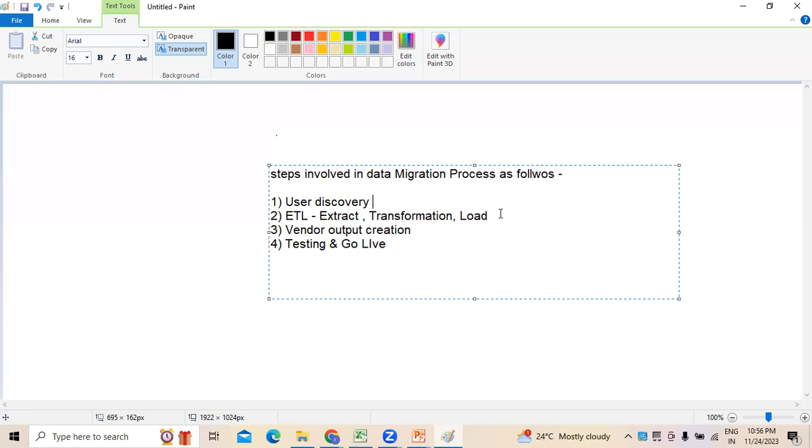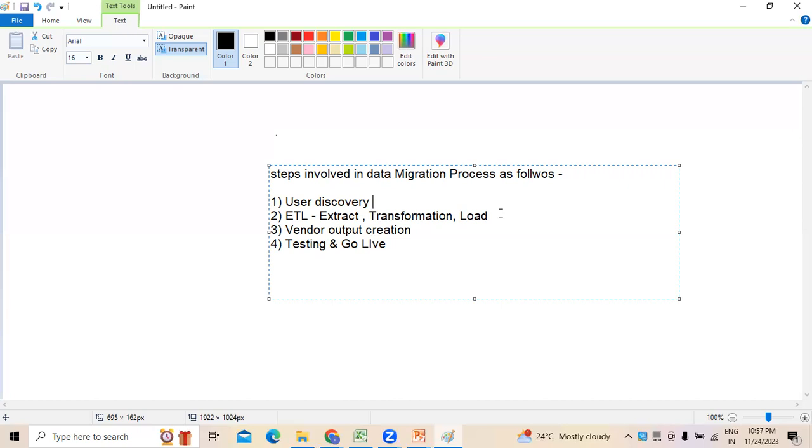This data migration process can be from legacy systems to the new applications, or old existing applications to the new application, with whatever steps we have discussed so far.